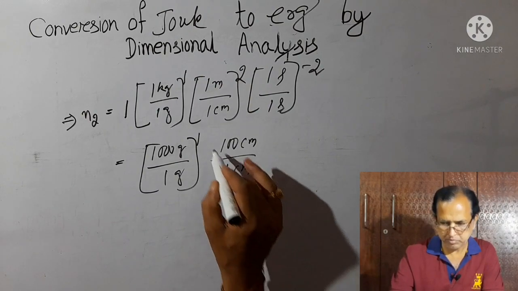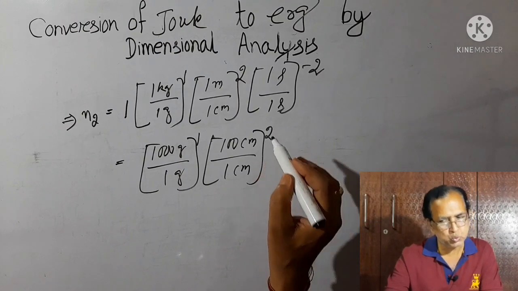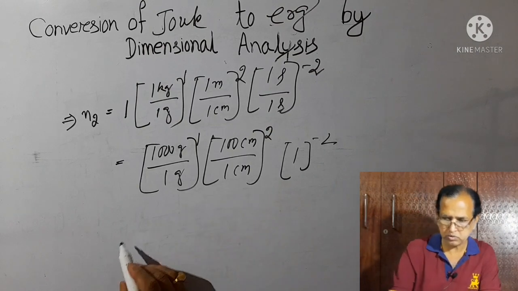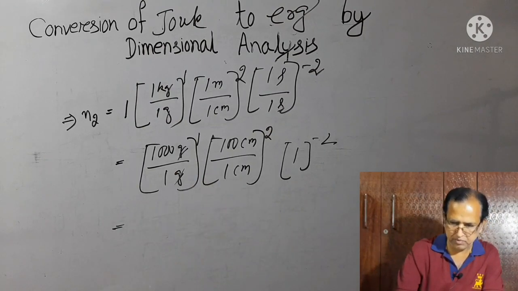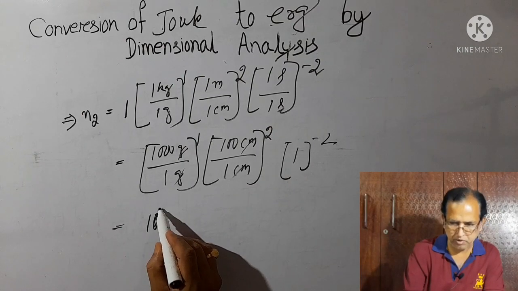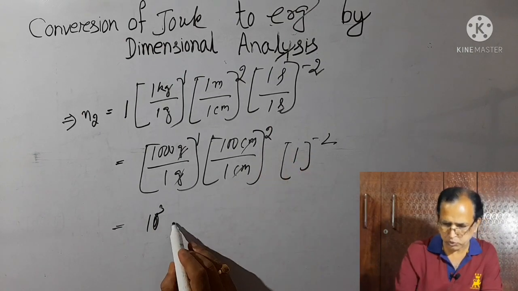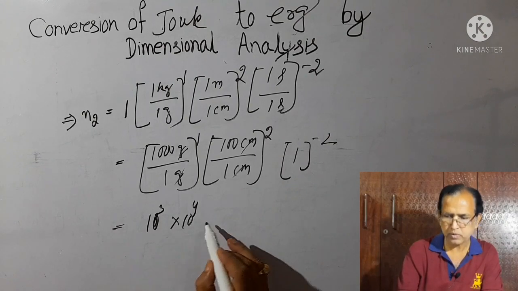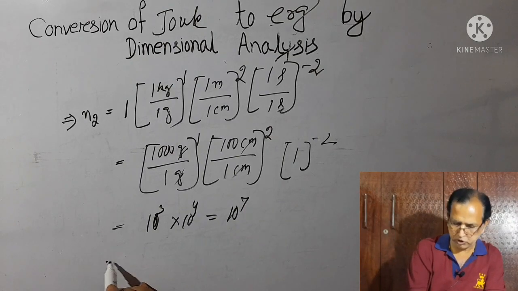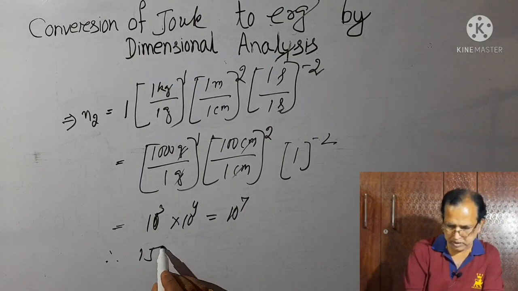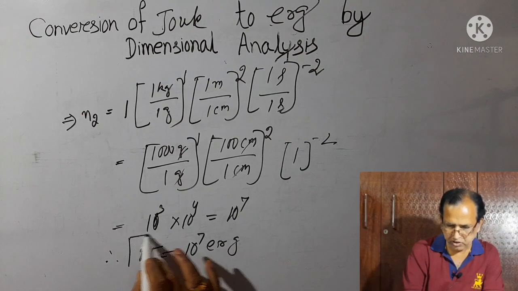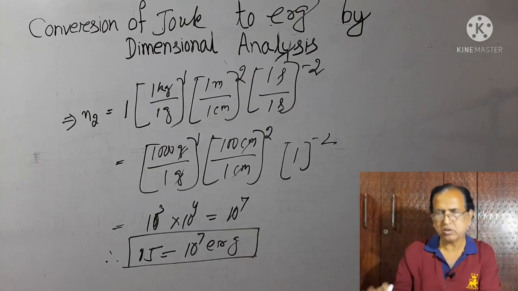Gram cancels, second cancels. So 1000 is 10 to the power 3, 100 to the power 2 is 10 to the power 4. So that is 10 to the power 7. So 1 joule is equal to 10 to the power 7 erg. This is the relation between joule and erg.